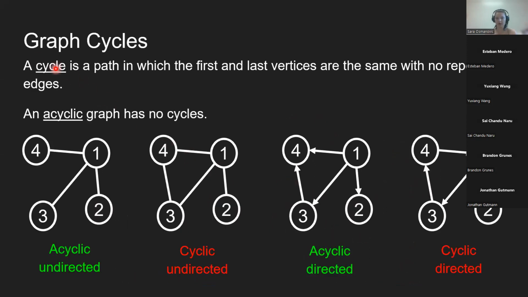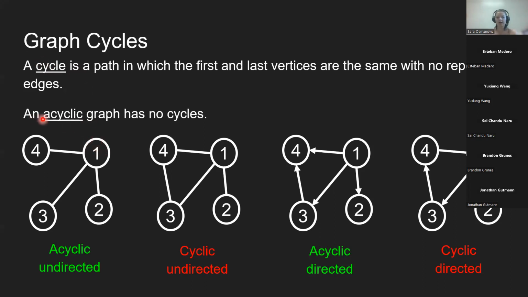Now, another property is cycles in graphs. So cyclic graphs are graphs which contain a path that starts with the same node and ends with the same node.